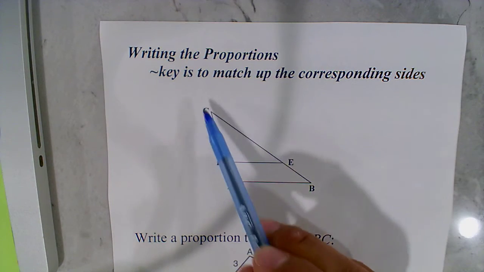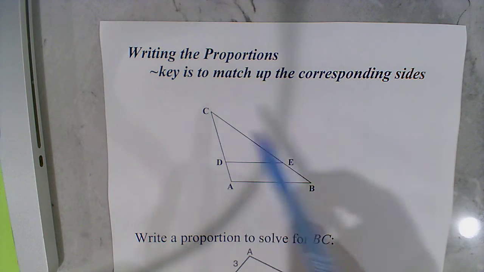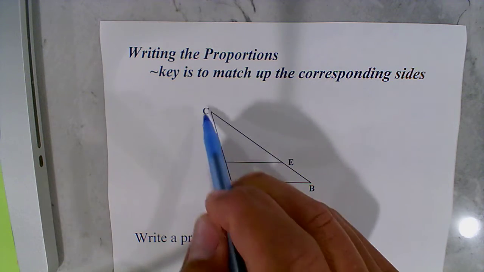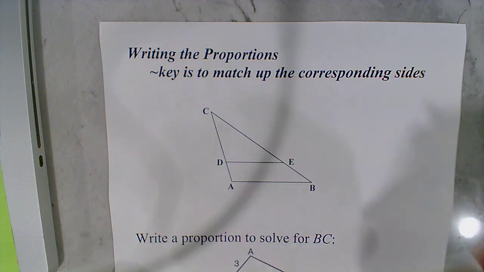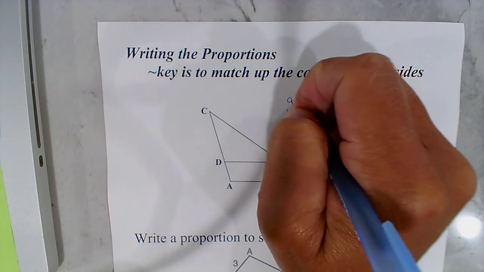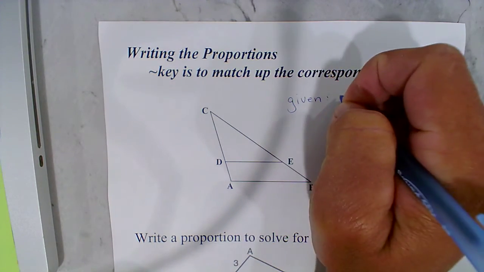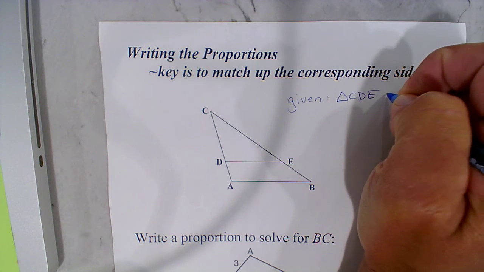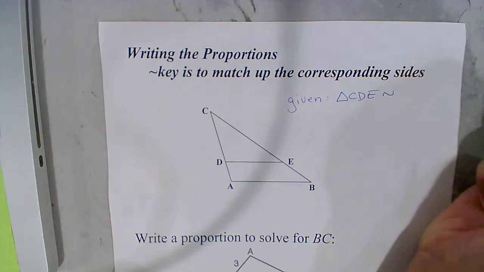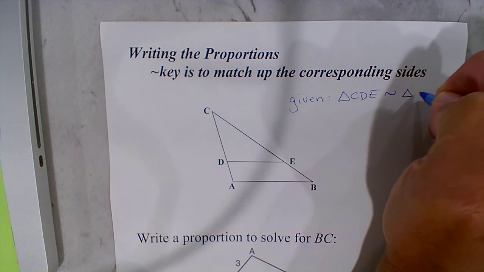I would think you can see the two triangles here. You've got the little one, CDE, and the big one, CAB. I have to tell you that triangle CDE, maybe you remember the symbol, is similar to triangle CAB.